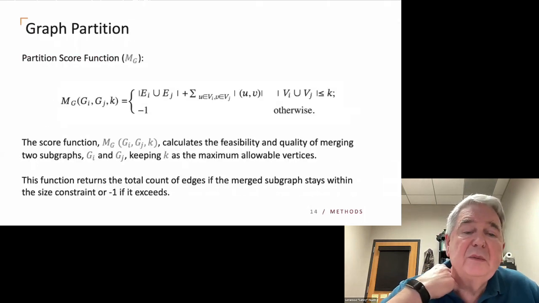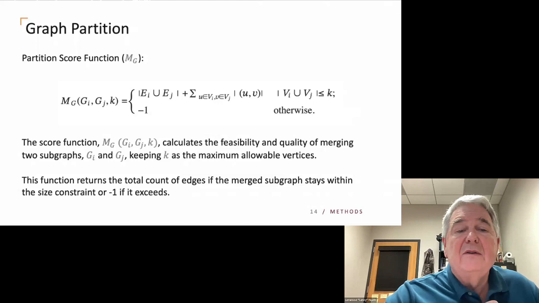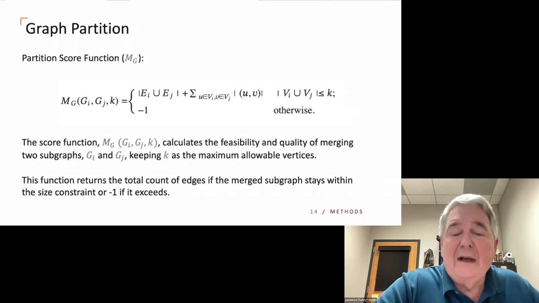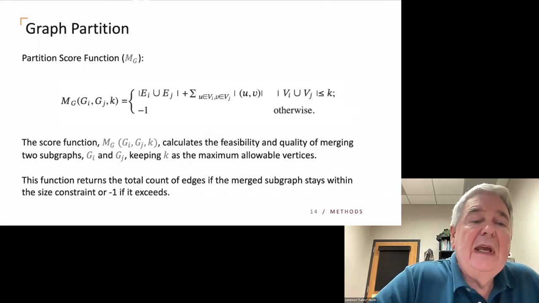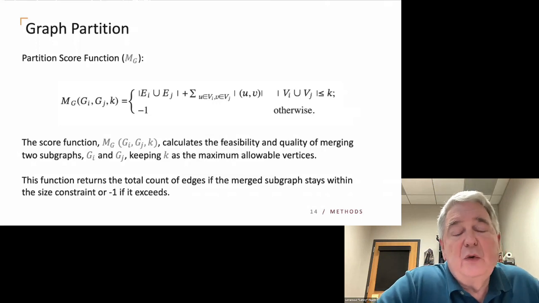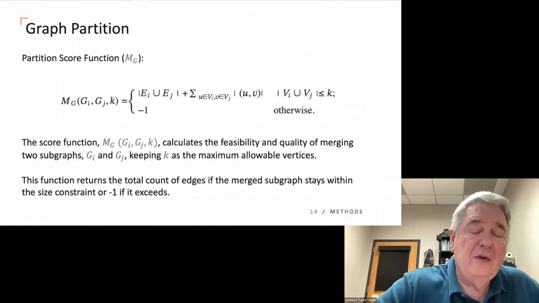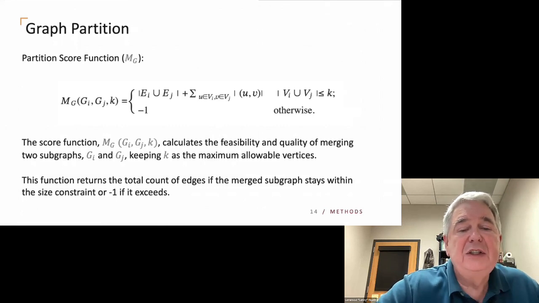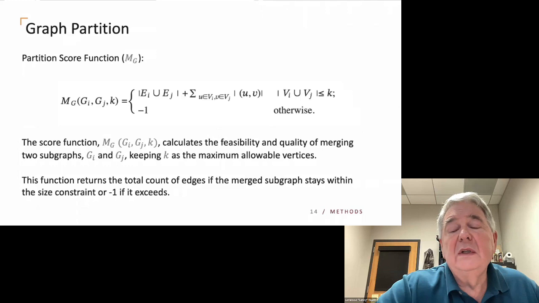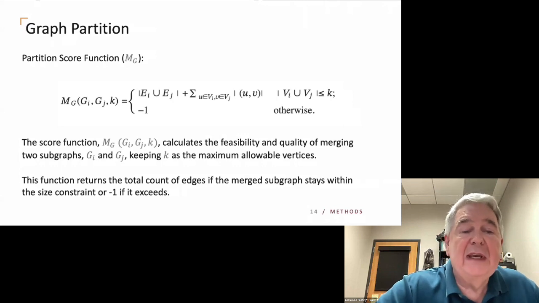Now, to do this, we don't have a great algorithm for this. We have a greedy algorithm for this. And we use a partition score function that takes two current subgraphs, Gi and Gj, together with the parameter k, and determines whether putting them together will still be within the bound k, and how many edges we will get if we put them together.